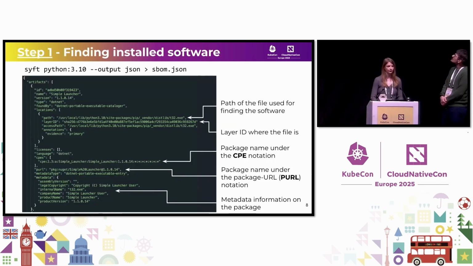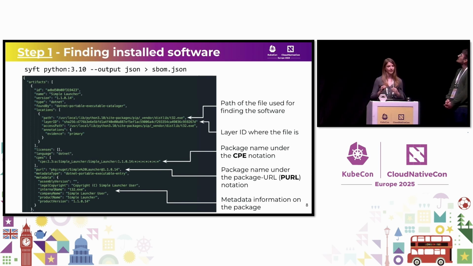Here is an example of finding installed software using Syft, which is an open source tool from Anchore. We analyzed a Python 3.10 image and output the result as an SBOM in JSON. Here is a list of artifacts that you can see. We have a list of packages. Each package is uniquely identified using a notation: we have the Common Platform Enumeration, or CPE, and the package URL, or PURL.